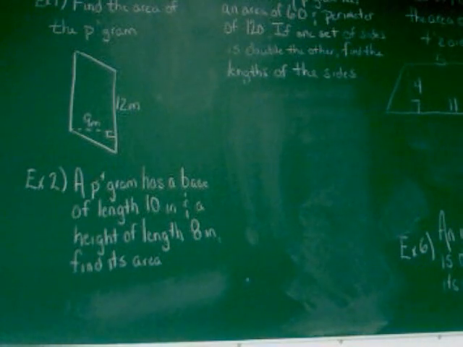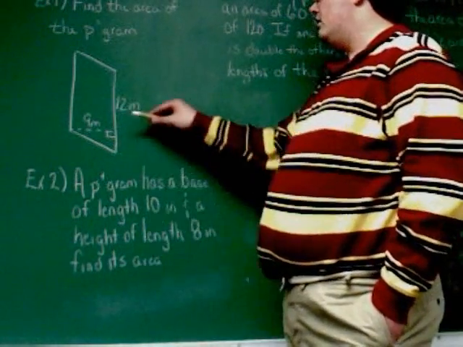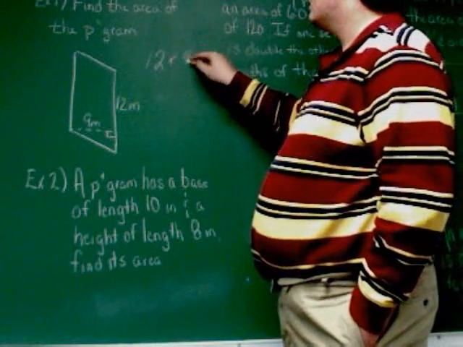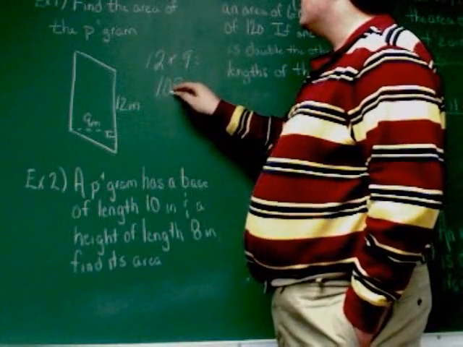So again, area of a parallelogram is just base times the height. Base is any side. That's this. The height makes a right angle with it. That's this. So here you just got to do 12 times 9. 12 times 9 is 108, which is going to be the area.